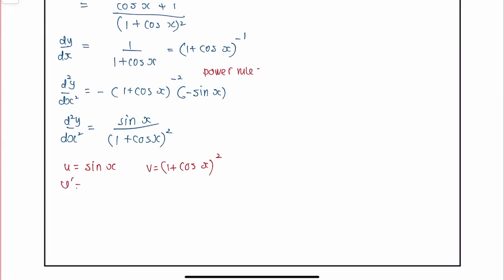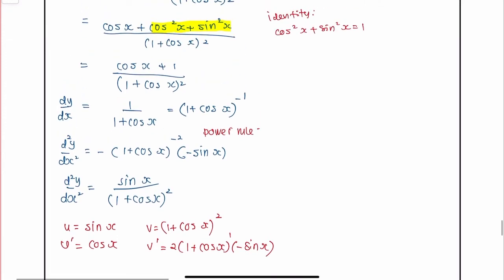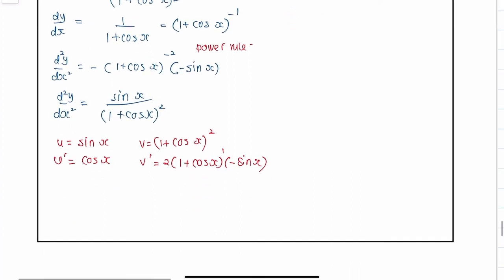So u prime will be cos x, v prime will be 2 times 1 plus cos x to the power of 1, and differentiating 1 plus cos x gives negative sin x. Okay, differentiate what is inside the bracket. So put into the formula for d cube y over dx cube. Okay, quotient rule.